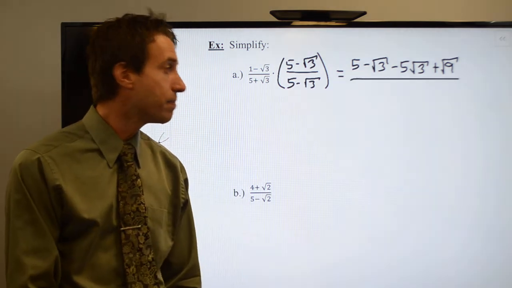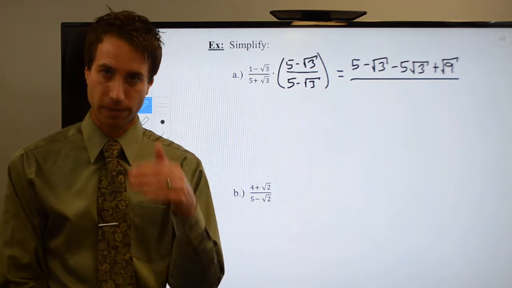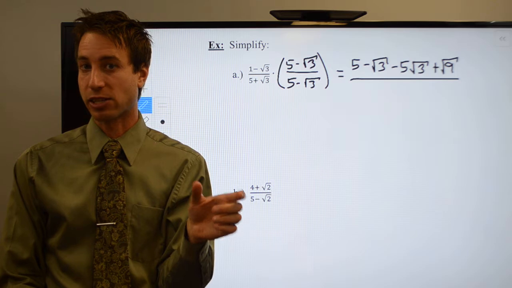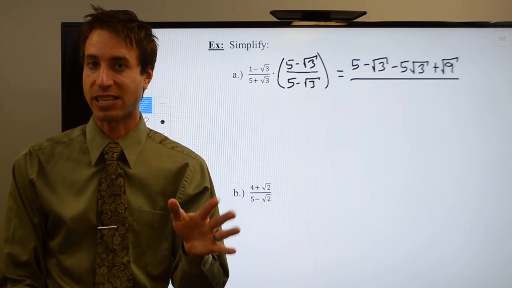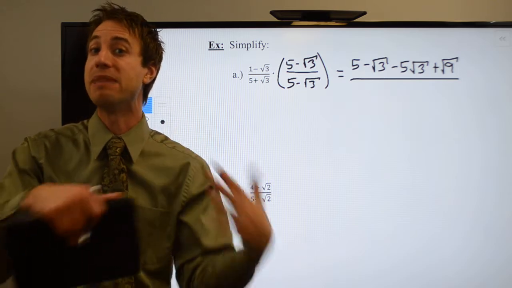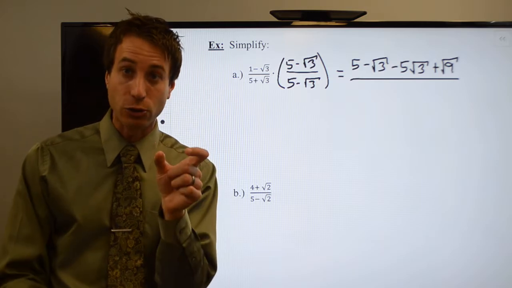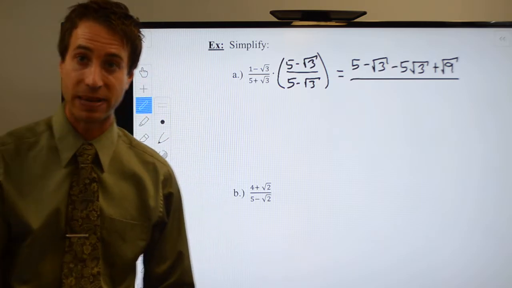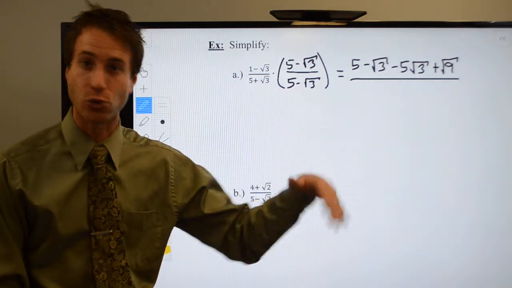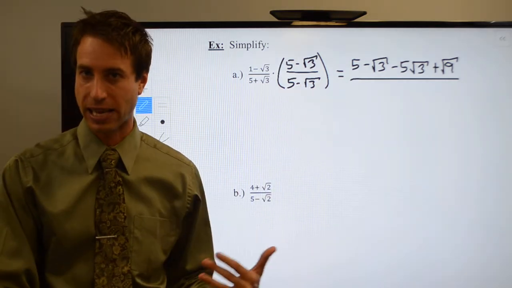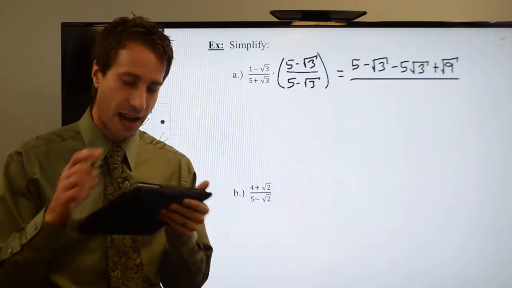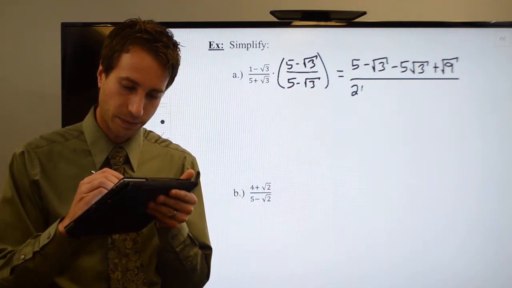In the bottom, if you remember, the same thing happens here. We multiplied by the complex conjugate back in chapter 4, section 4, because when you FOIL, the middle terms dropped out. The same thing is going to happen here. I'll show you in the first one, and then for the next ones we'll just skip it, knowing those middle terms will drop out. Here's what I mean. 5 times 5 is 25.